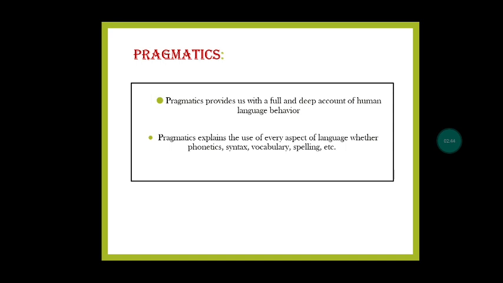So what is the importance of pragmatics? Pragmatics provides us with a full and in-depth account of human language behavior. That's why they define pragmatics as language in use, or how humans use language.